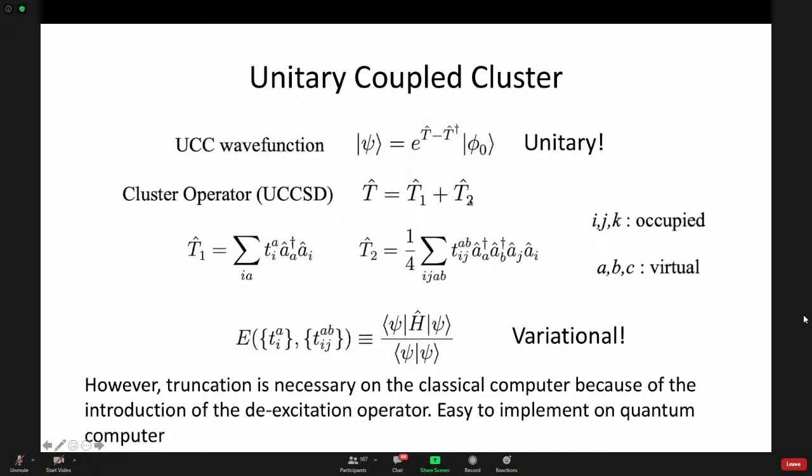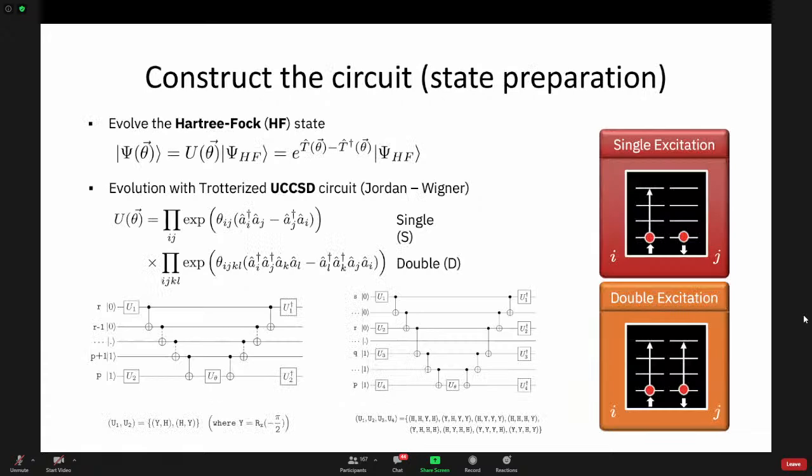So we'll use this unitary coupled cluster as an ansatz to construct a circuit. What we do is construct the circuit to prepare the state. And this is the equation that I showed you in the previous slide. These are the singles excitation terms in this creation and annihilation form, and this is double excitation.